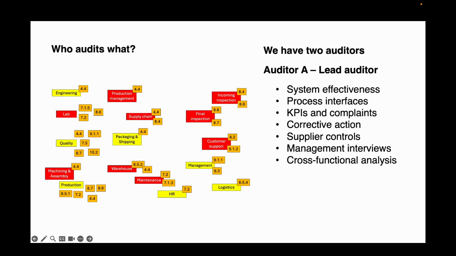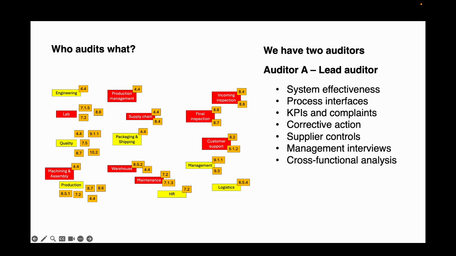Now, once I see the higher risk areas, I can think about auditor assignment. I look into the strengths of each auditor. Auditor A, in this case for Alpha Pumps, is the lead auditor, and is stronger on system effectiveness, process interfaces, complaints, corrective actions, supplier controls, and management interviews.